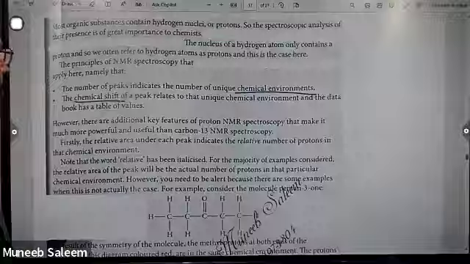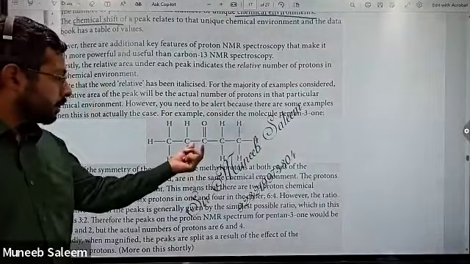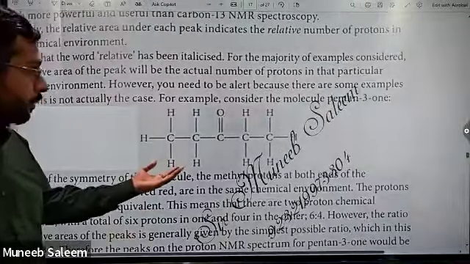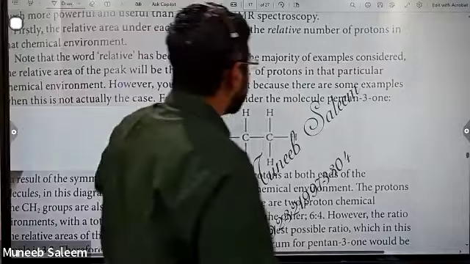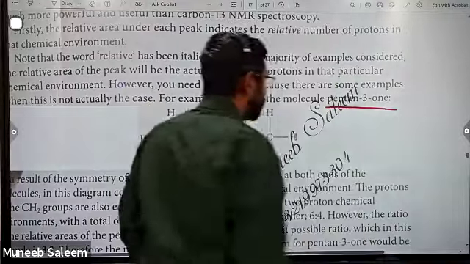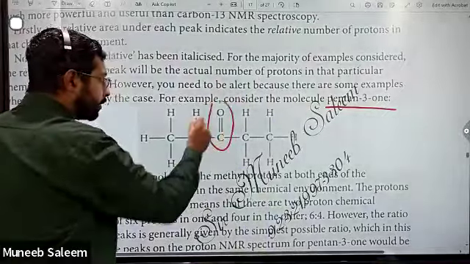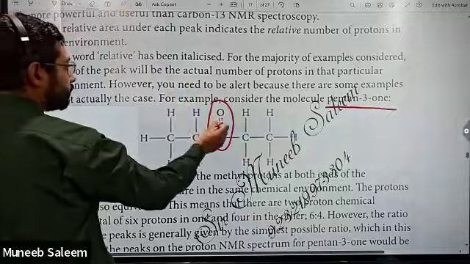The hydrogen NMR spectroscopy can be seen in this molecule. For example, we have this compound. The name of this compound is pentan-3-one. Now, in this compound, we can see the carbonyl group is present at the center.